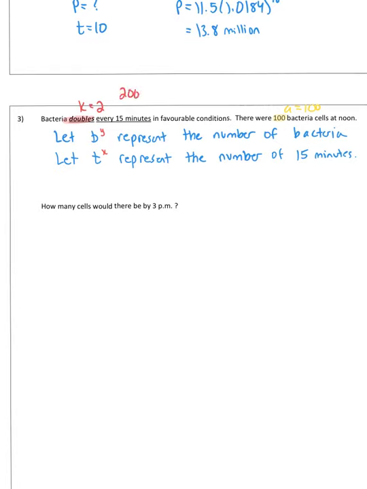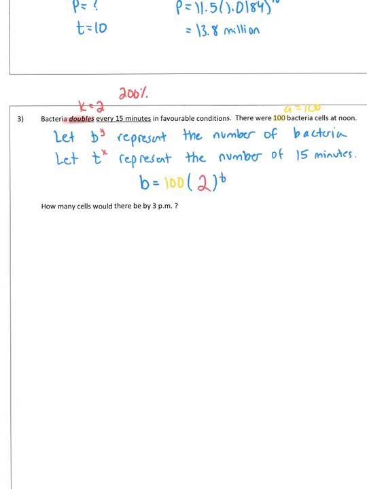So really that's 200%. 200% divided by 100 is equal to 2. So really when you have that k value of 2, you are changing that percentage to a decimal number. So your equation then becomes B is equal to the A value of 100 times your growth factor, which is 2, to the exponent T.